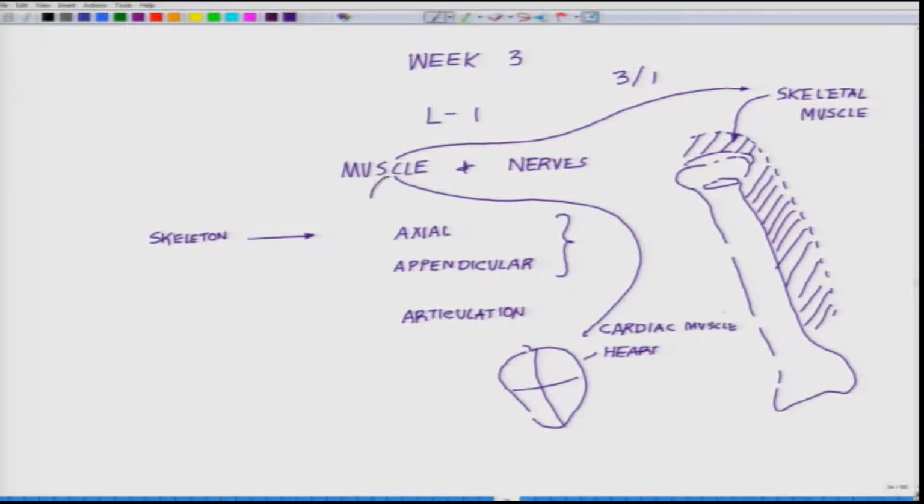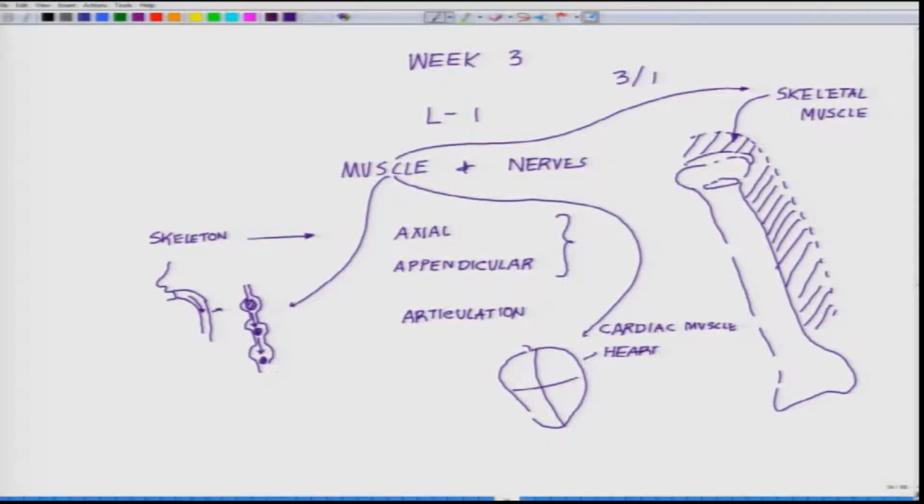Third one, I told you, when you eat the food it goes through the alimentary canal, and this movement is like a peristalsis movement, like a peristaltic pump. So, this is the bolus which is formed by chewing the food, and it moves down like this.